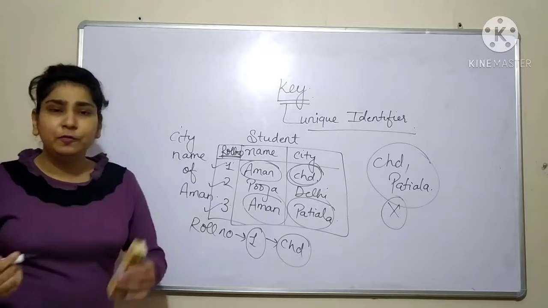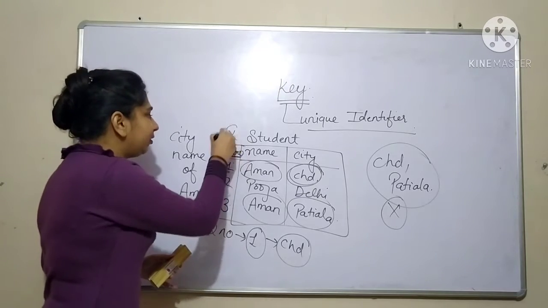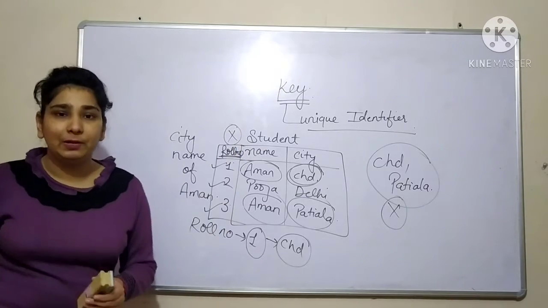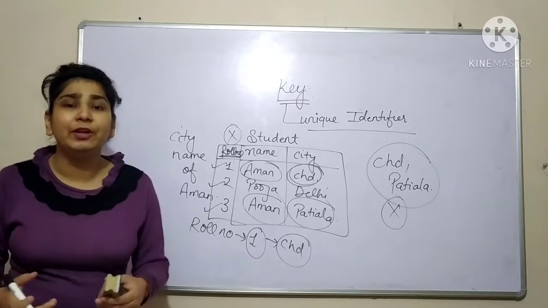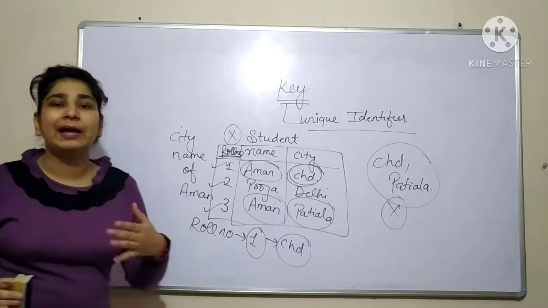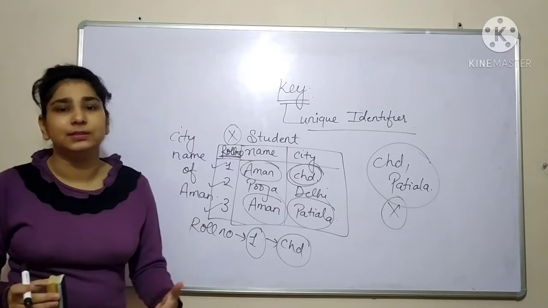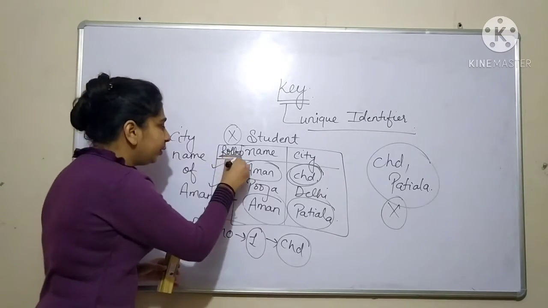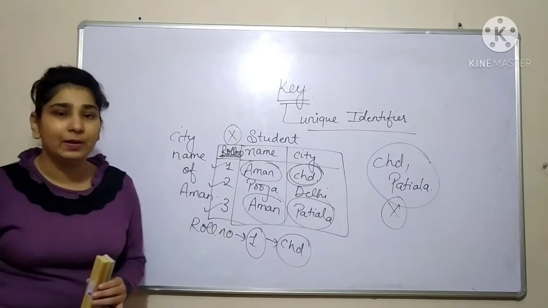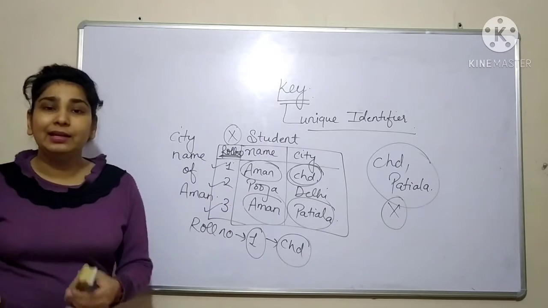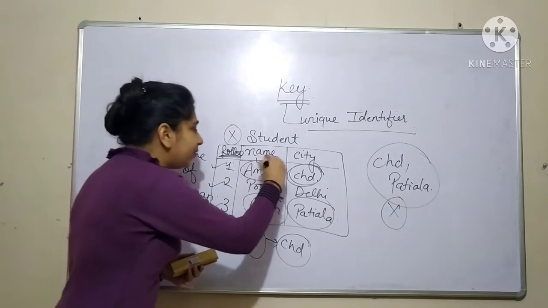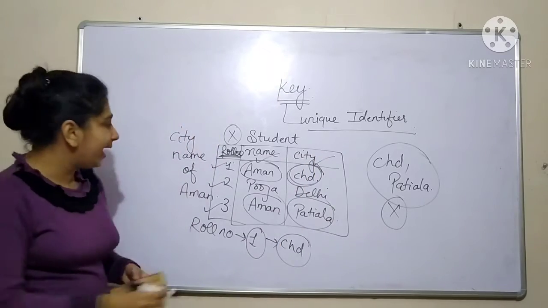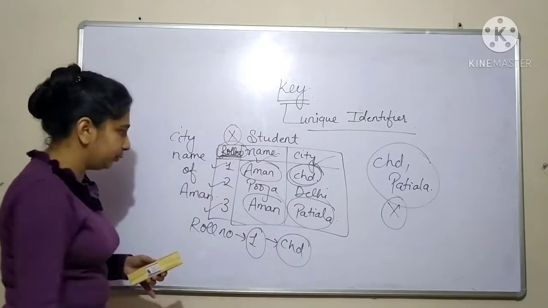If you don't have any key attribute in your table, then you would have a problem in determining definite answers. If you are given the key attribute of the table, then you can determine each and every attribute with the help of it.